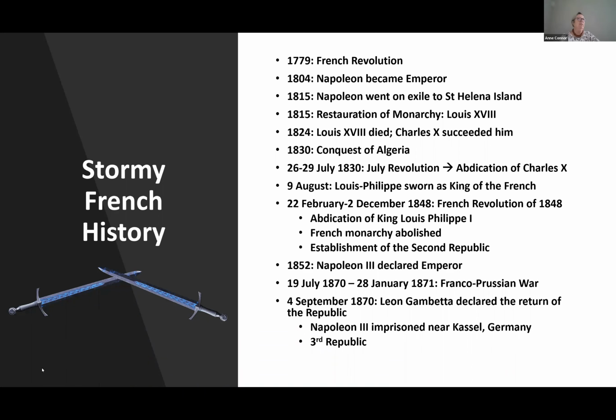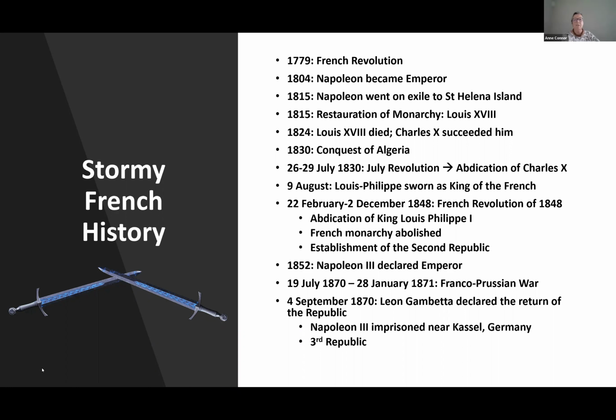In 1850, the nephew of Napoleon comes back from England, where he was in exile, and had been active politically all the time. He comes back and becomes the head of the government in France until 1852, when he decides to have himself named emperor, and it's going to last until the 70s, when he's defeated in the Franco-Prussian War.